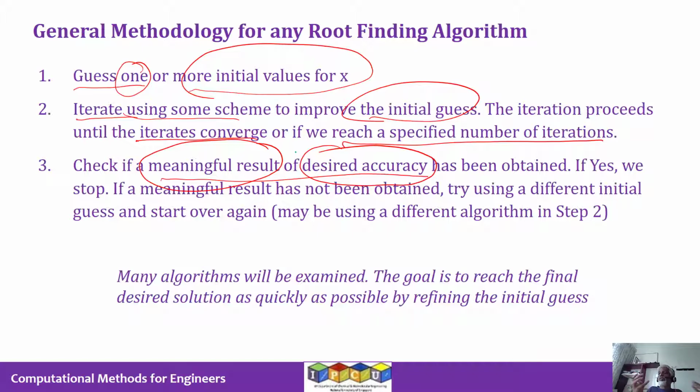Therefore, I will start the Newton method with a different initial guess and see whether I get a meaningful result with the desired accuracy. Same thing for the bisection method, etc. And sometimes I may even have to change algorithms. If you see that the technique that you have chosen is not helpful, then you may have to abandon it and look for a more powerful technique or a more suitable technique.